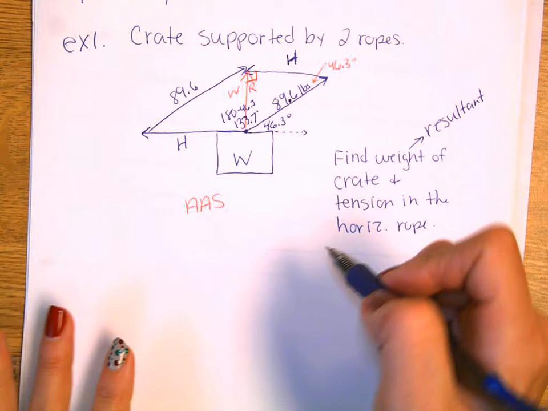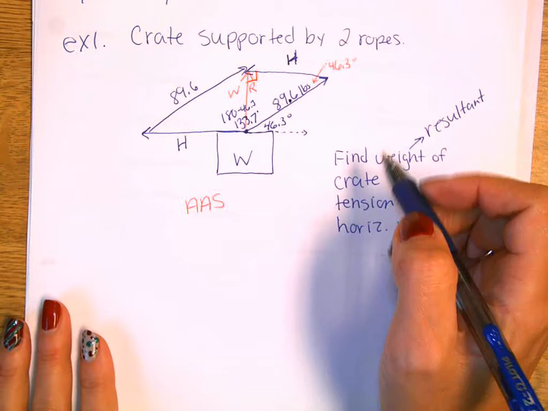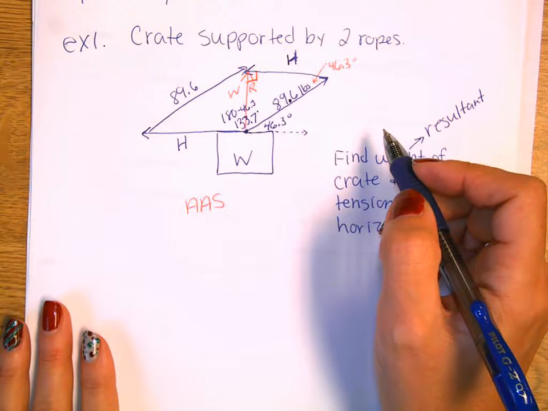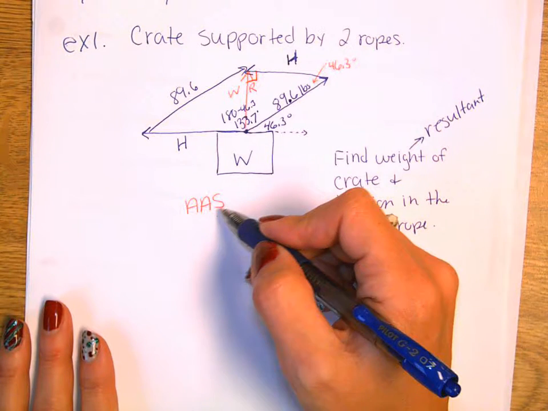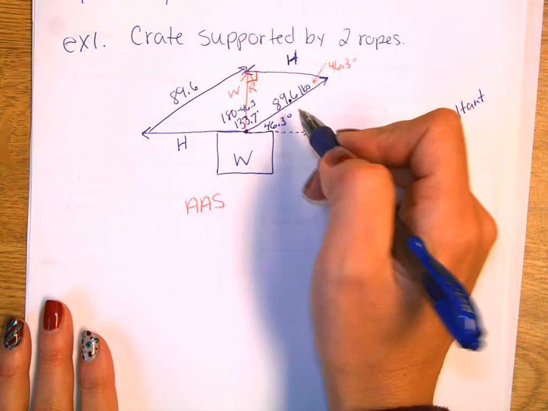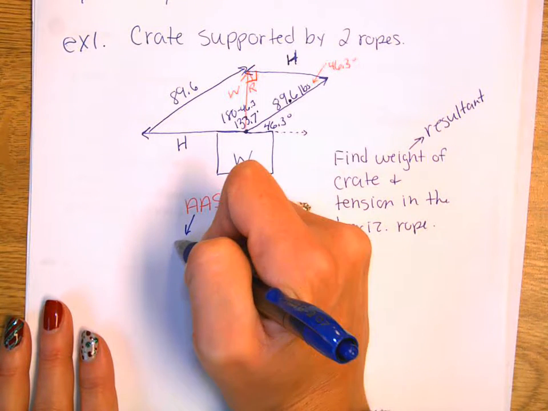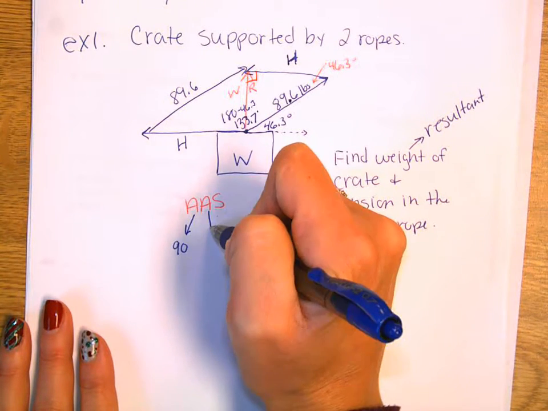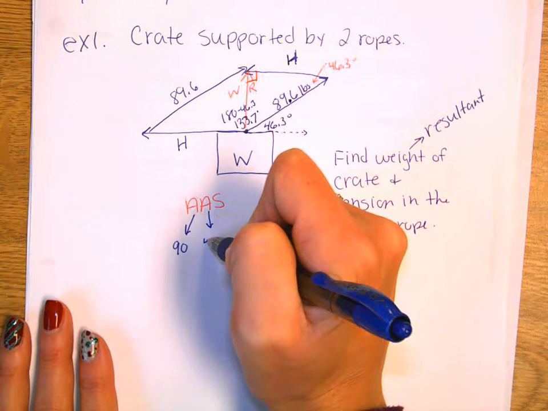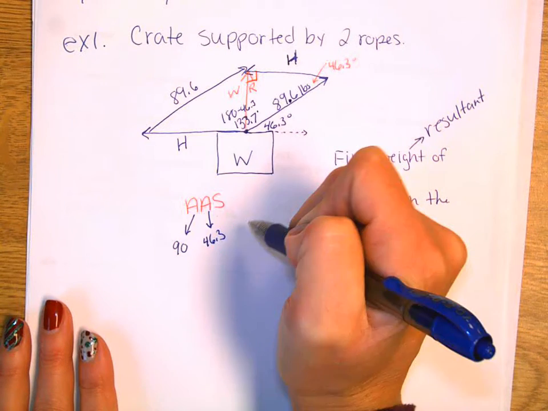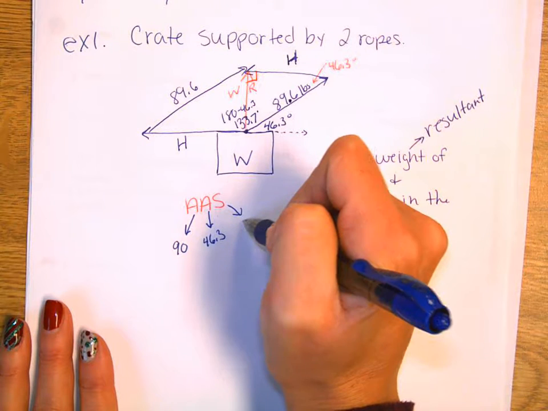What's the angle across going to be? This is the only one where it matters which angle you put in first. The 90 is across from the known side, so it's got to be the 90. And then the 46.3. And then the 89.6 is the side.